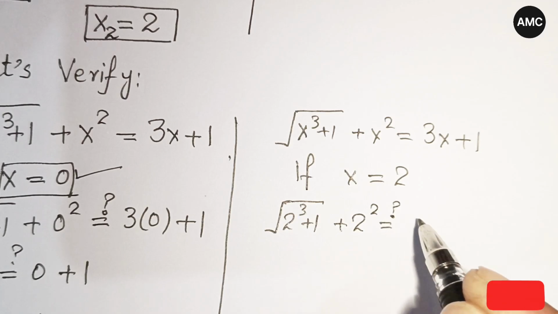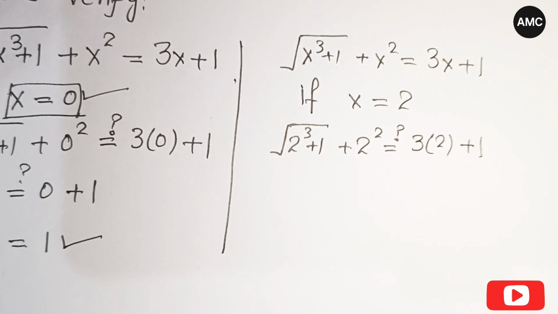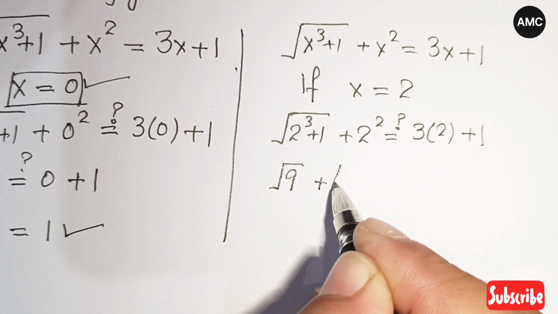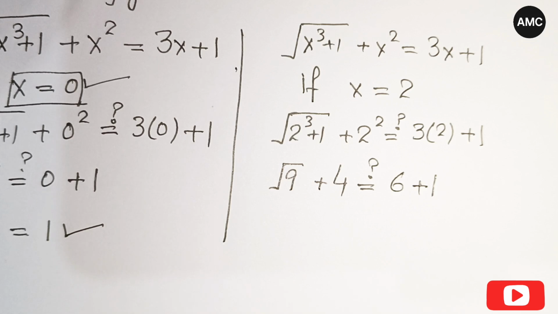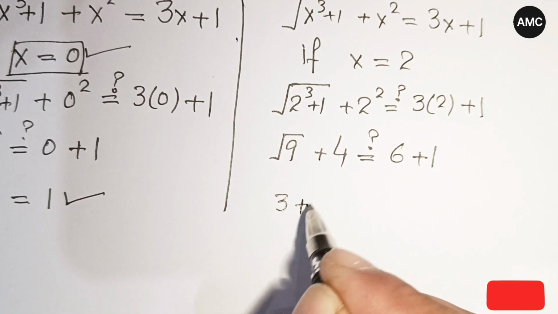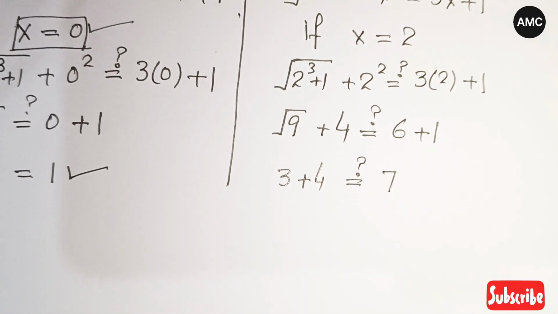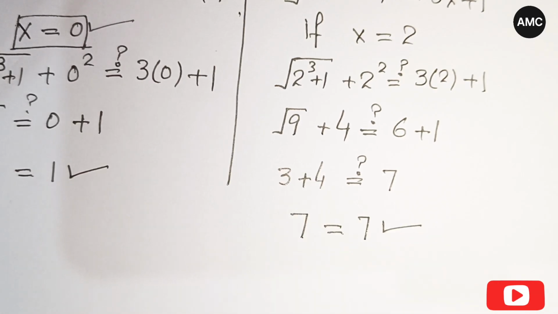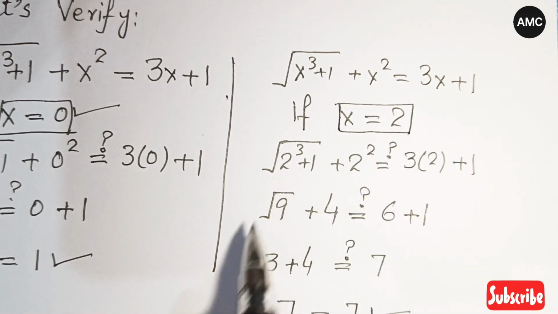Is it equal to 3 times 2 plus 1? So 2 cubed is equal to 8, plus 1 is square root of 9, plus 2 squared is 4. Is it equal to 3 times 2 is 6 plus 1? Now our next step: square root of 9 is equal to 3, plus 4. Is it equal to 6 plus 1, which is 7? So here we have 3 plus 4 is 7. So 7 is equal to 7. Hence our second solution, x is equal to 2, is also valid.